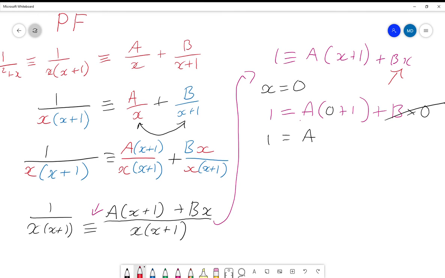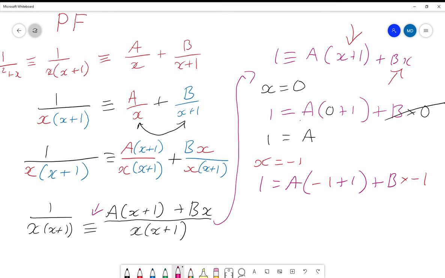Similarly, I'm going to pick a value of x equals negative 1, because it makes this term 0. And so in exactly the same way, I'm going to get 1 equals A lots of negative 1 plus 1, plus B lots of negative 1.